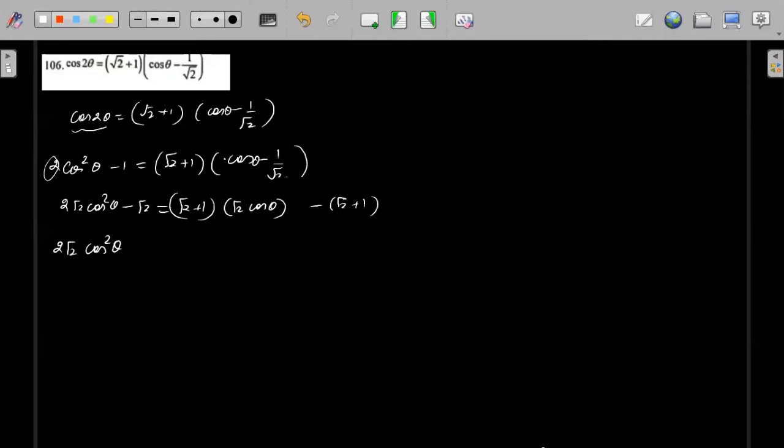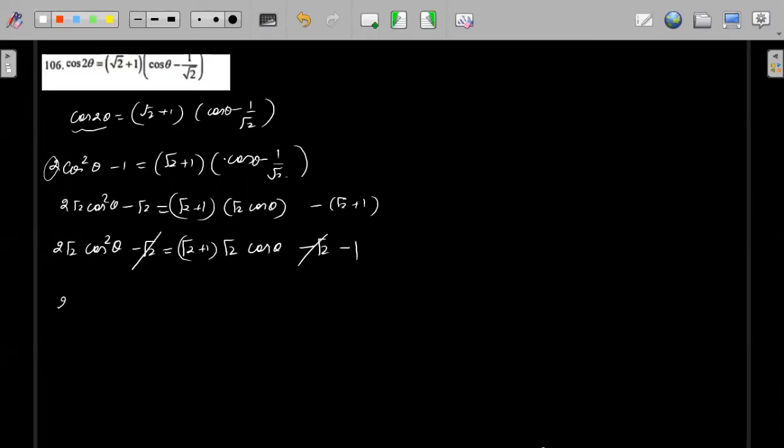So this is something like a quadratic expression. This becomes a quadratic equation and we can find the solution. So minus root 2 is equal to root 2 plus 1 into root 2 cos theta minus root 2 minus 1. Minus root 2 and minus root 2 get cancelled, right? So I will take this to the other side.